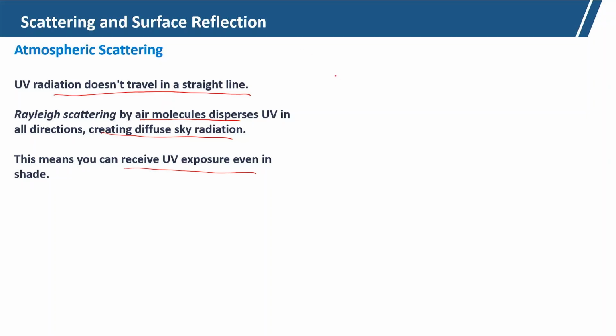Suppose a person is in the shade and thinks he is protected. The sun ray is coming directly, but due to the particles present, multiple scattering takes place and from there you can get exposed to the UV ray.